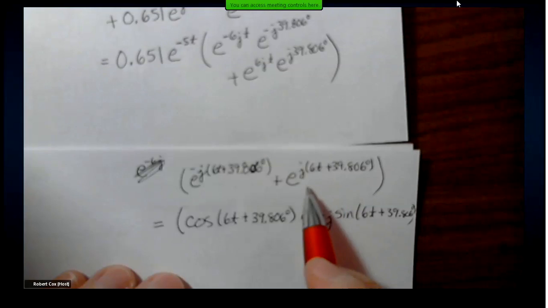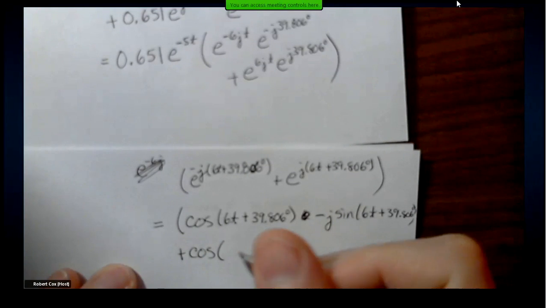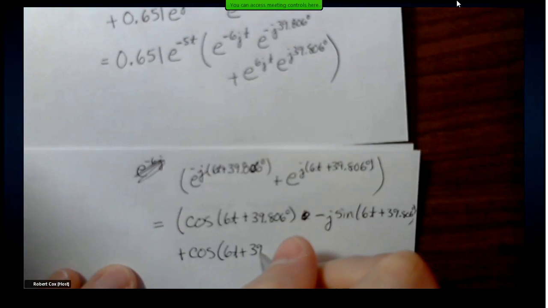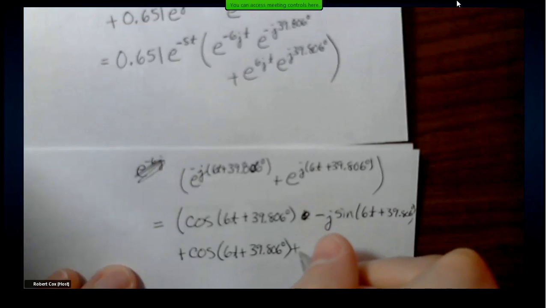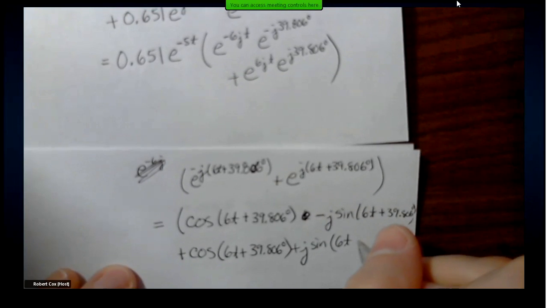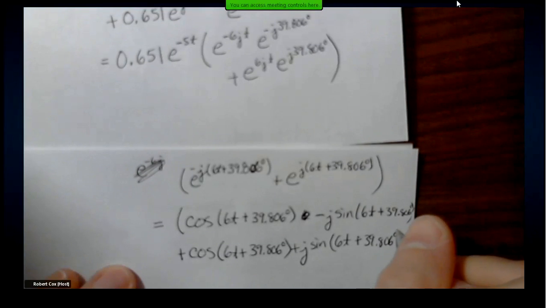Now this guy here becomes plus cosine 6t plus 39.806 degrees plus j sine 6t plus 39.806 degrees.